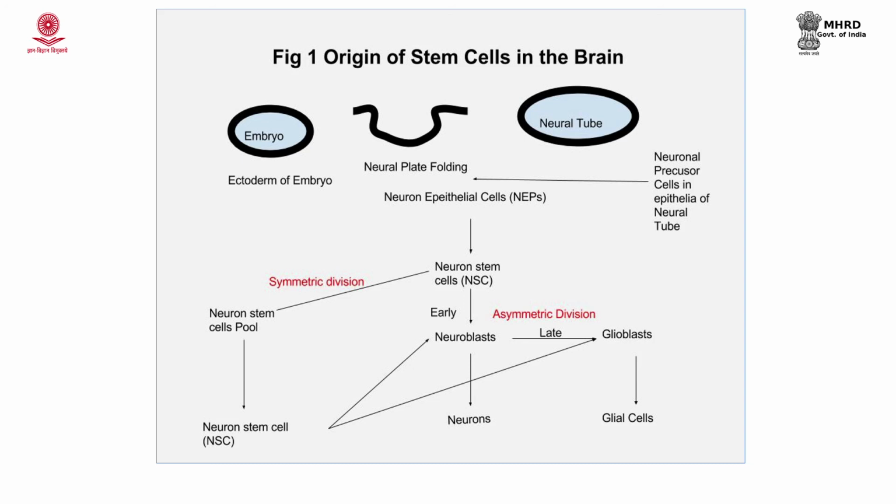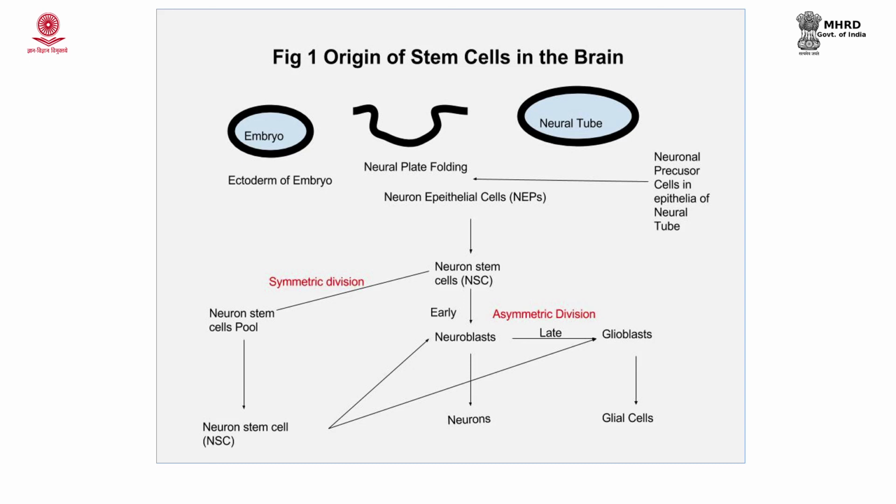The symmetric division helps to enlarge the neural stem cell pool because they form cells of their own kind, whereas asymmetric division helps to add neural stem cells. Besides this, they also give rise to neuroblasts. In the early stages, the neuroblast gives rise to the neurons, but later on these neuroblasts convert into glioblasts and these give rise to the glial cells.